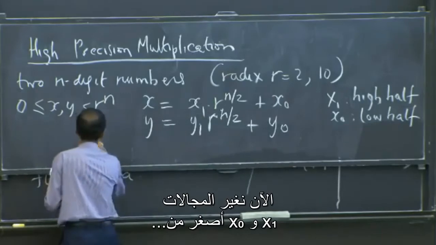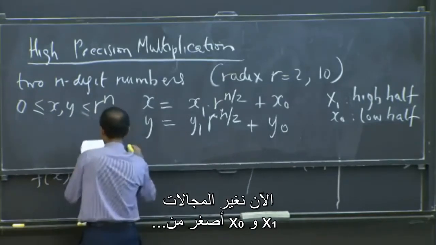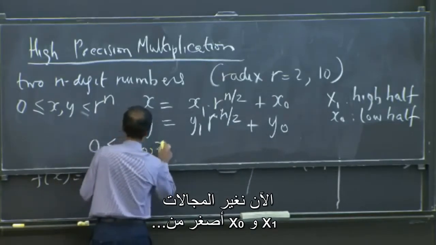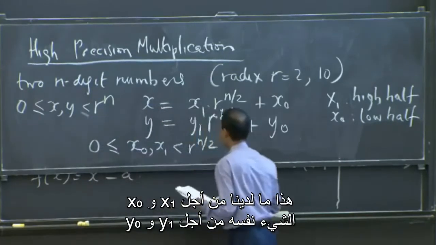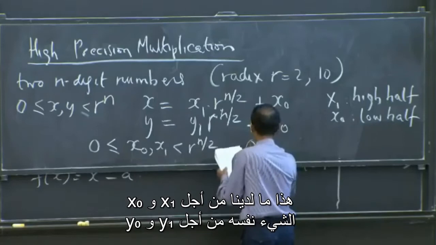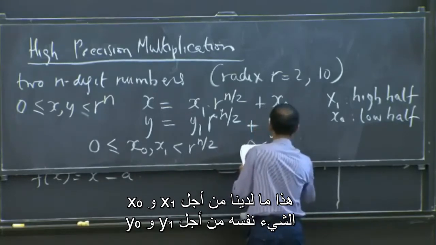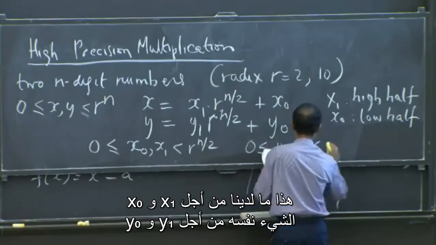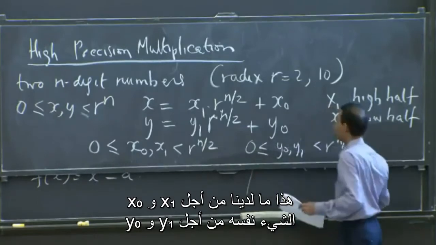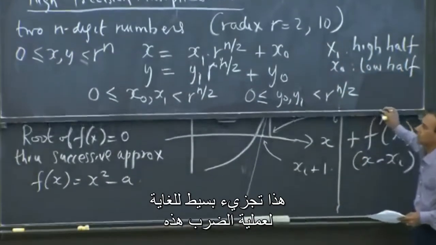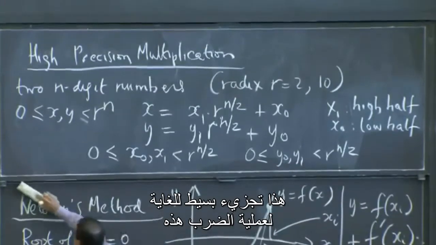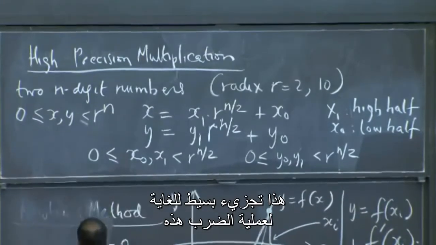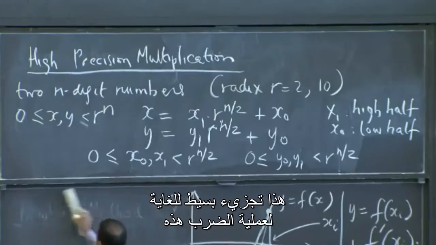Now the ranges change. X0 and X1 are smaller, and the same goes for Y0 and Y1. So that's a fairly straightforward decomposition of this multiplication operation.